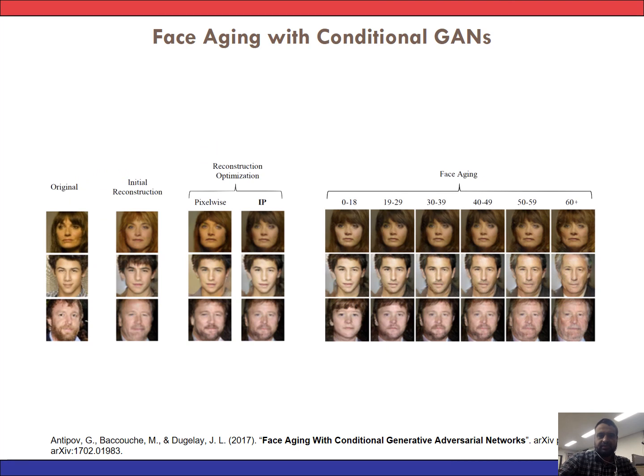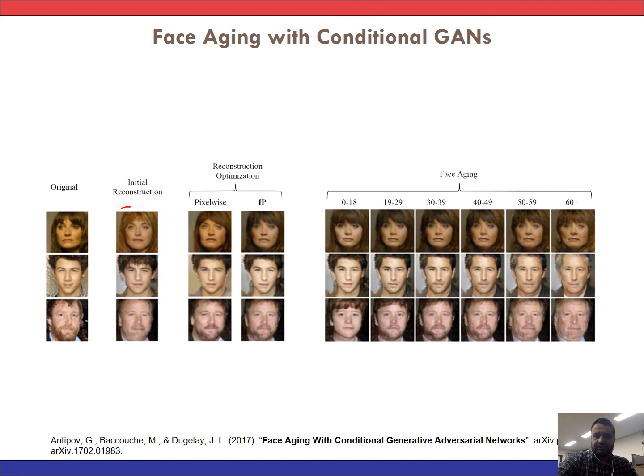So these are some of the results from the face aging with conditional generative adversarial network. These are the inputs. This is the initial reconstruction, and after optimization we can see that these are some images which, if the person is young, look old, and if old, look young.